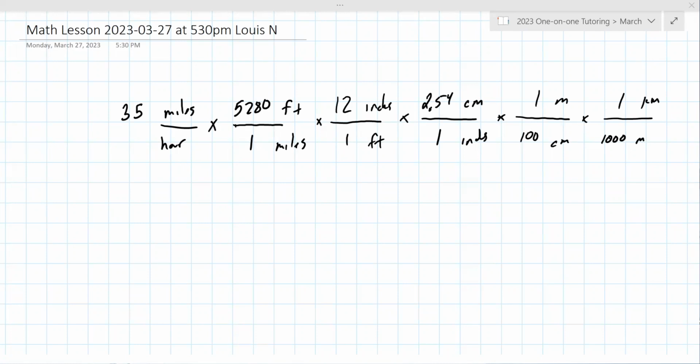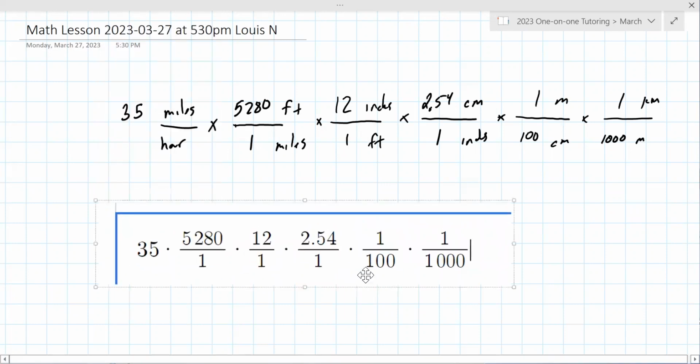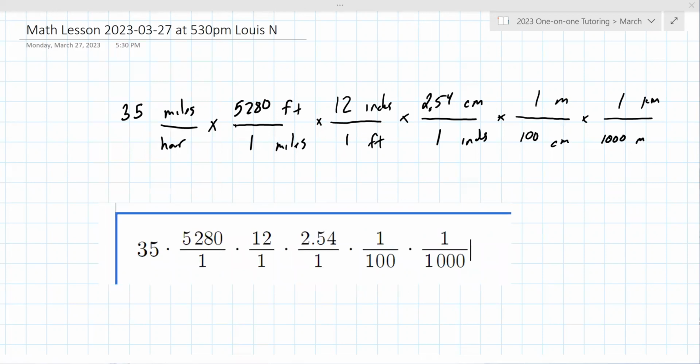All right, so let me snip this in so you can see what I've done here. Tell me what you got when you're all done here. Give me it to 1 decimal place.